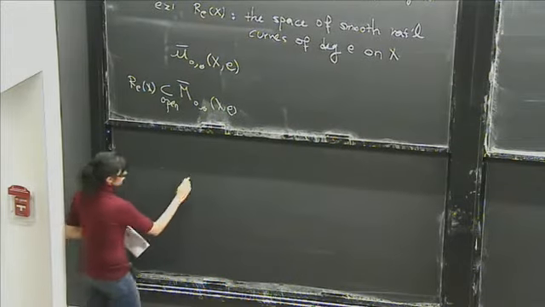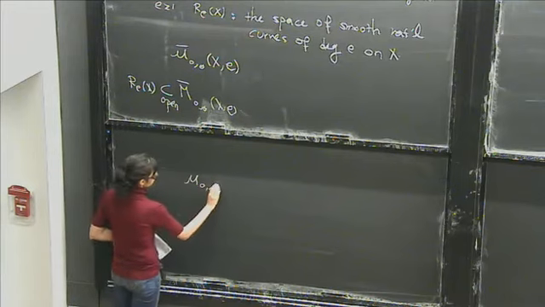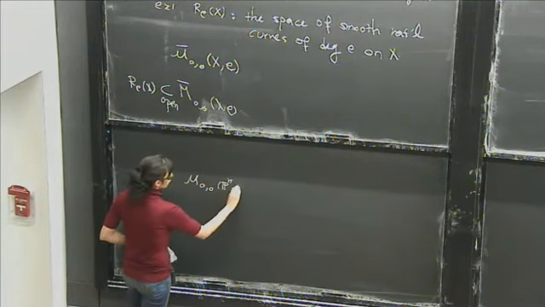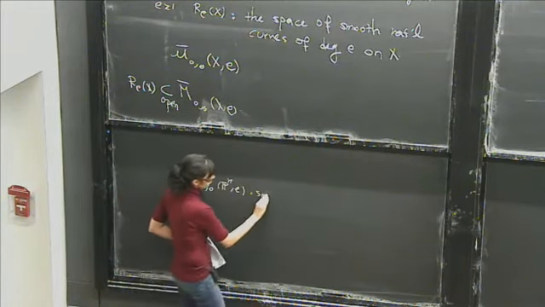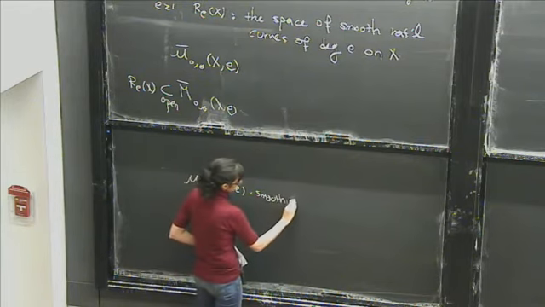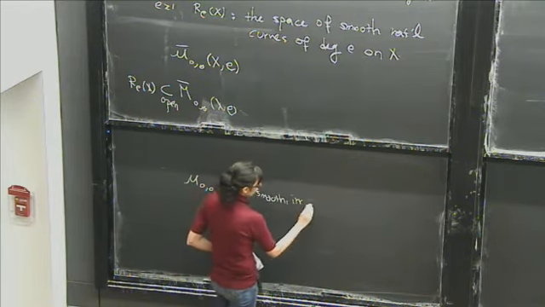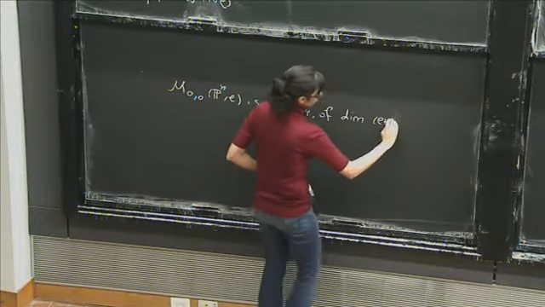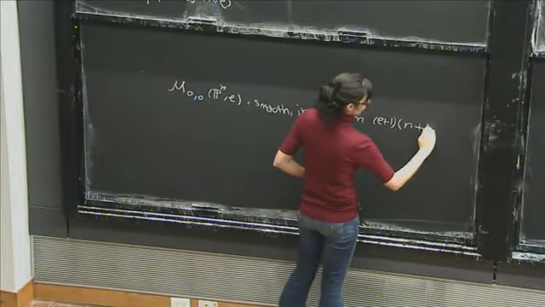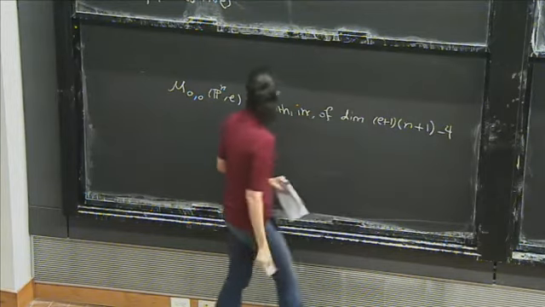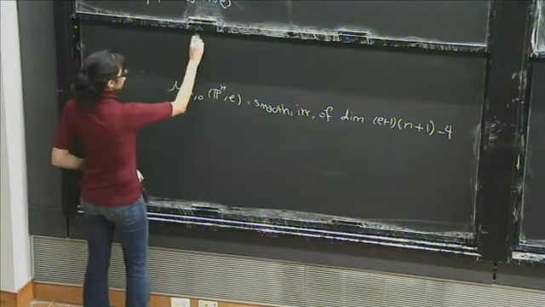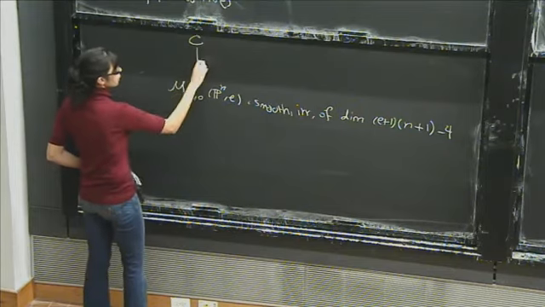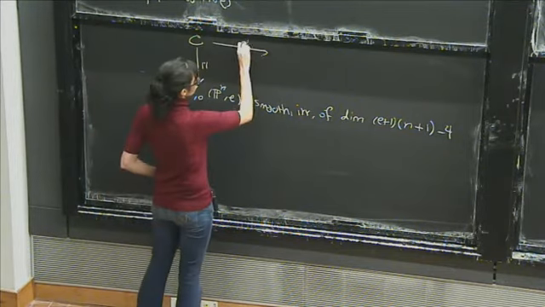Okay, so if we look at the moduli space of stable maps to P^n, this is smooth, irreducible, of dimension (e+1)(n+1) minus 4. And then we have the universal curve here and the universal map to P^n.